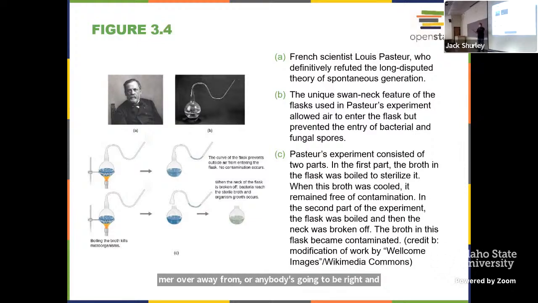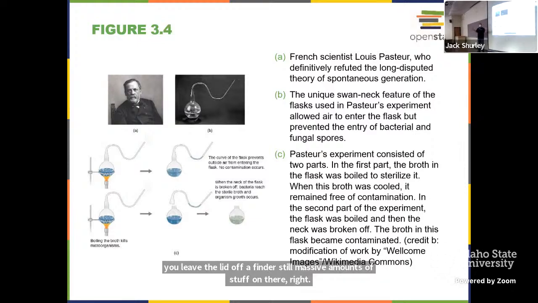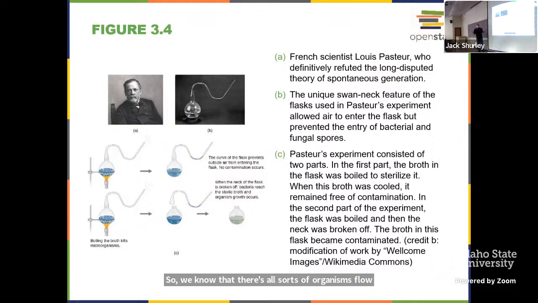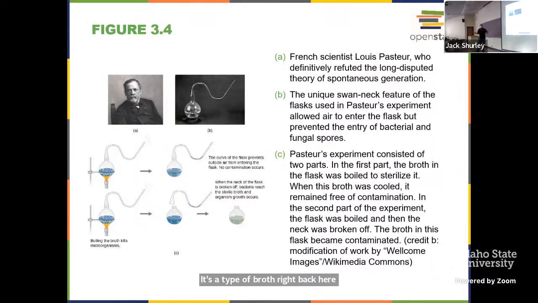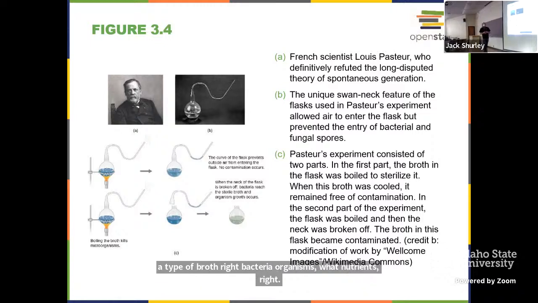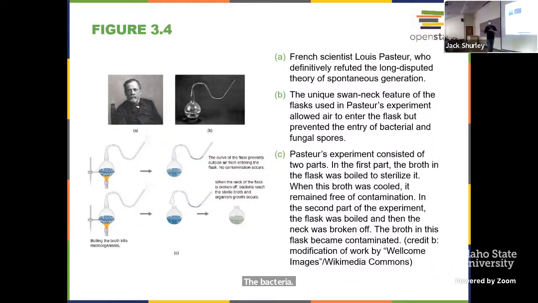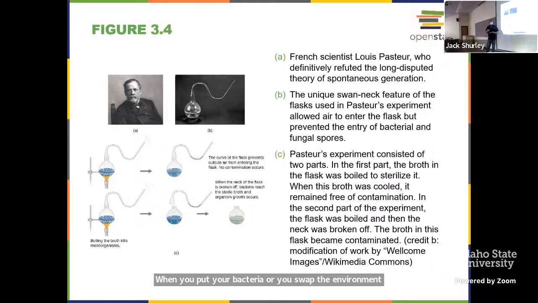So we know now there's all sorts of organisms floating around in the air, right? We know that now, right? So the idea with this and what he is working with as we look at this water, it's a type of broth, right? Bacteria, organisms like nutrients, right? It doesn't just have to be bacteria. When you swab the environment and put it on a plate, that plate has nutrients within it, right?